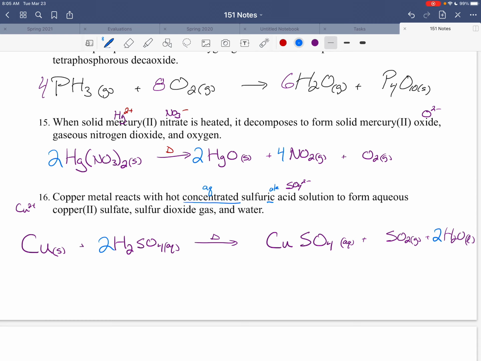So now let's look. 1 copper, 1 copper. 4 hydrogens, 4 hydrogens. 2 sulfurs, 2 sulfurs. I have 8 oxygens, 4, 6, 8. It's balanced. How about that? So it works.